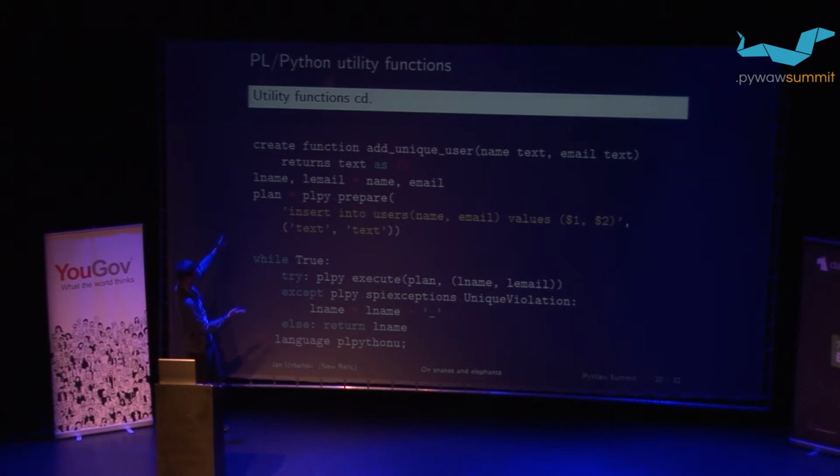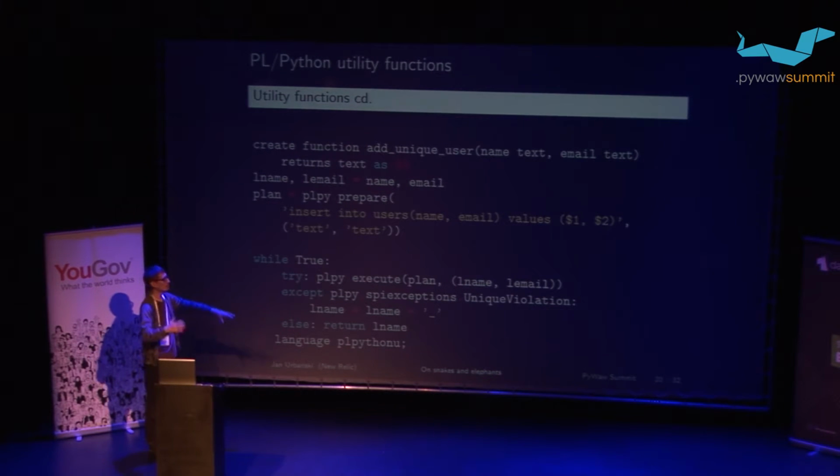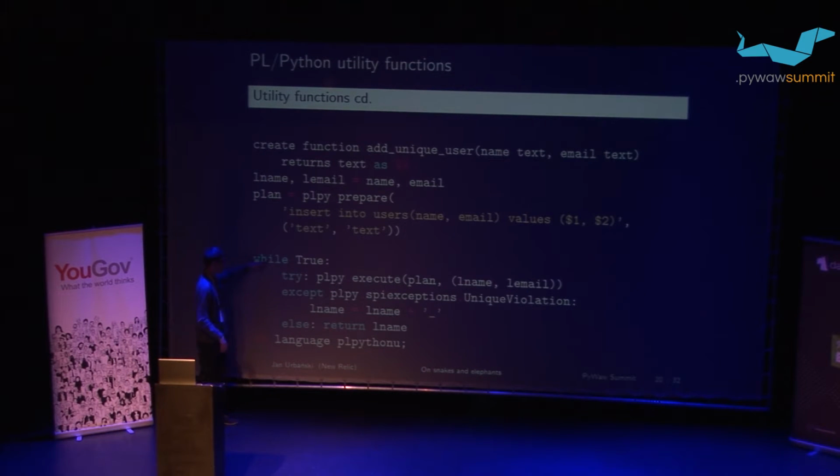So this function should be pretty understandable. What we do is we have a function called add_unique_user that gets passed a name and an email. And let's say the username needs to be unique. So what I do here is, until I'm able to actually execute it, I try to create the user. So I try to insert into users those values.